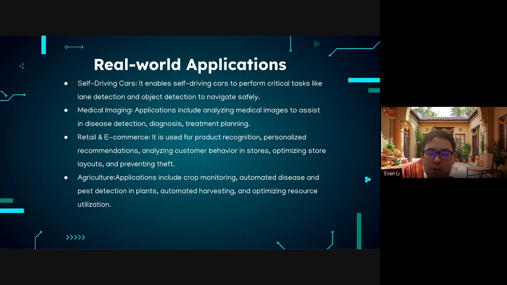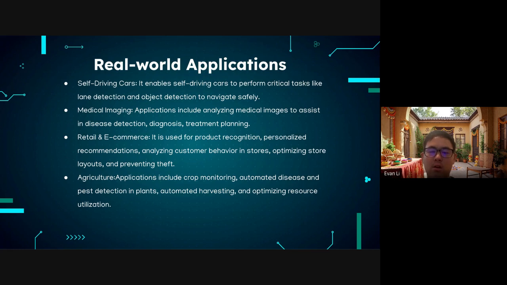In medical imaging, AI-powered computer vision is revolutionizing healthcare diagnostics and treatment. Sophisticated algorithms are being deployed to analyze a wide range of medical images, including X-rays, CT scans, MRIs, and pathology slides, with the aim of assisting medical professionals in disease detection, diagnosis, and treatment planning.